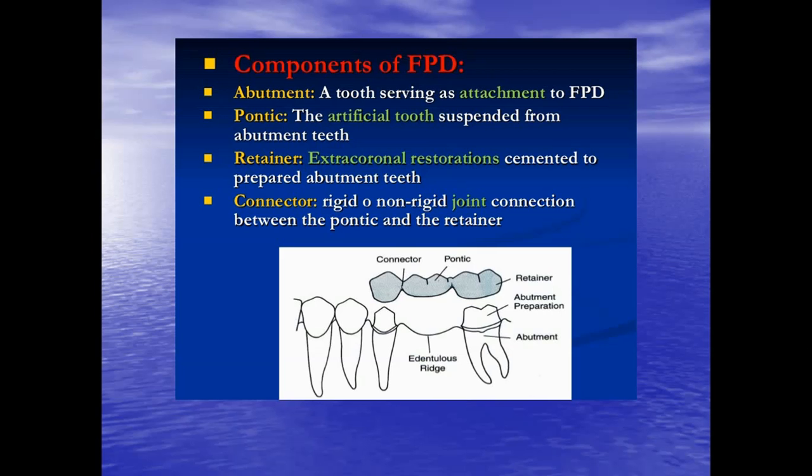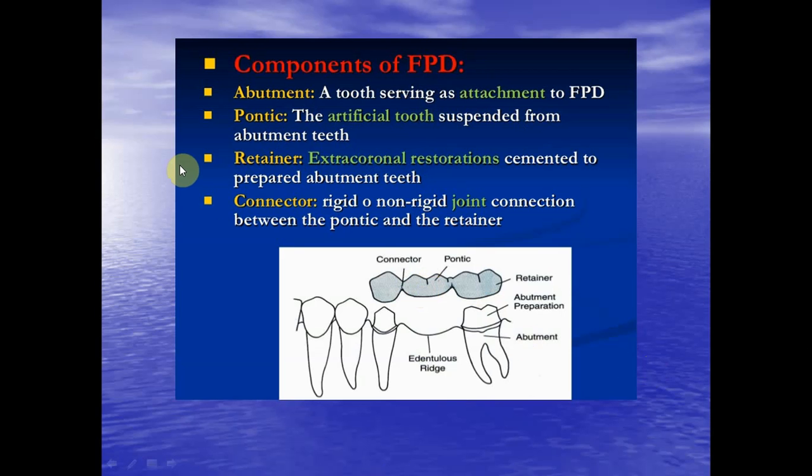Then the artificial tooth, which is replacing the missing one and is suspended from abutment teeth, is called a pontic. So this is actually the aim of a bridge.